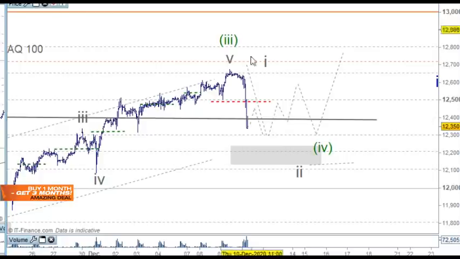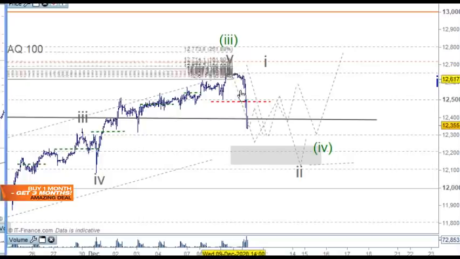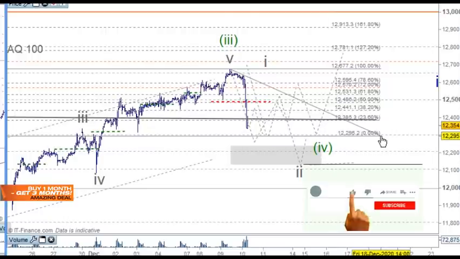Now, if it's wave 2 here, we're going to see this move down here, we're going to see it move back in probably around here somewhere, and then we're going to see this move down through here. So we'd still need to get confirmation at that particular point. Based on that, I don't think it's going to go as high as I've got it there, so I'll just drop that down a bit.